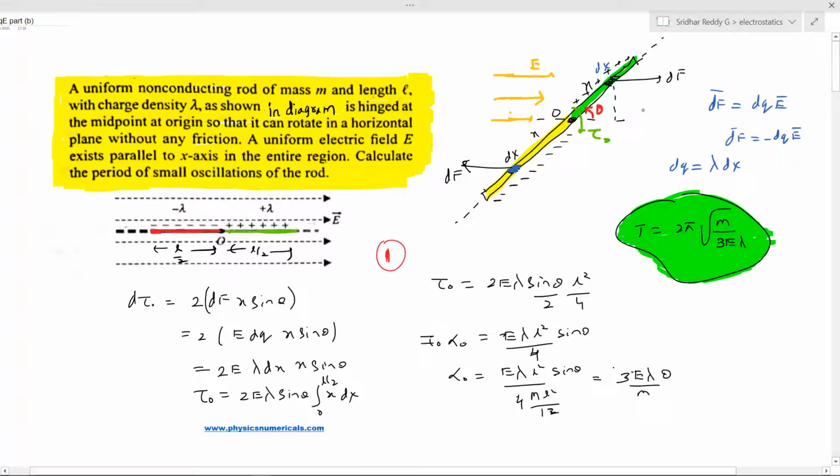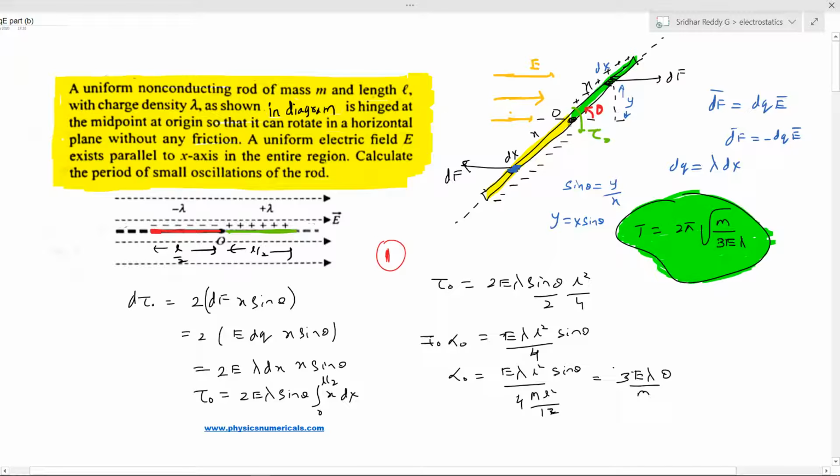Then what shall we do after this? This distance is y, where sine theta equals y by x, or y equals x sine theta.